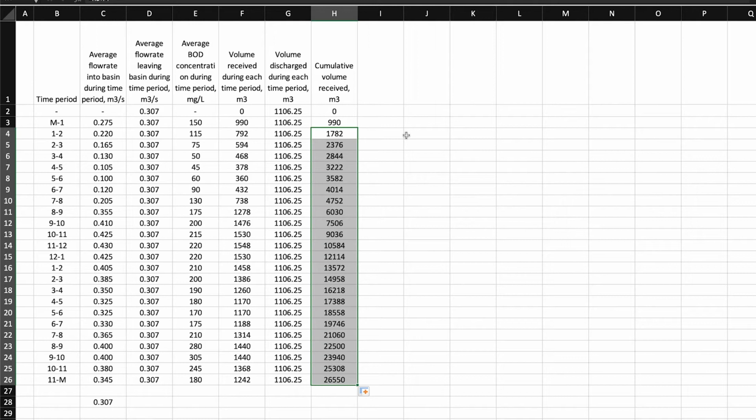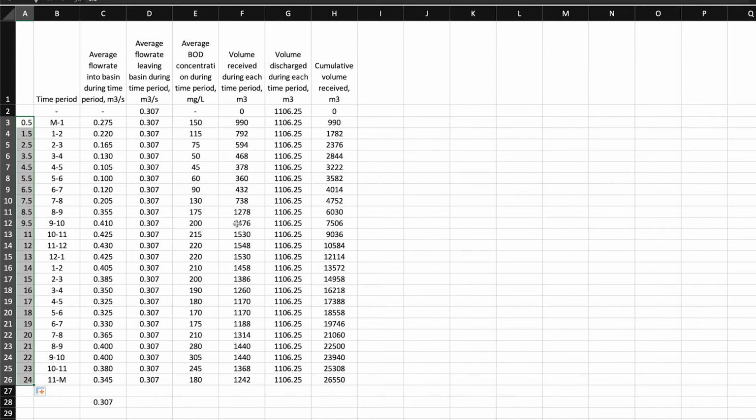And we can just copy that equation down to fill in the rest of the cells. Now we can do a plot that shows the cumulative volume received during each hour. And since we have blocks of 1 hour each, so midnight to 1, 1 to 2, 2 to 3, to do the plot, we can show just kind of the halfway point between each of those time periods.